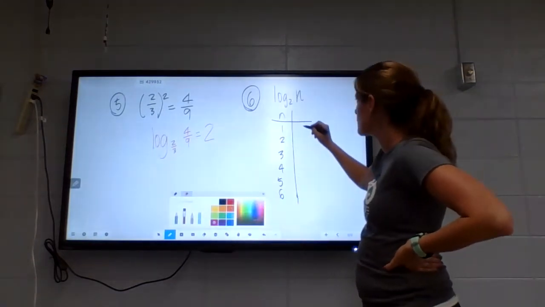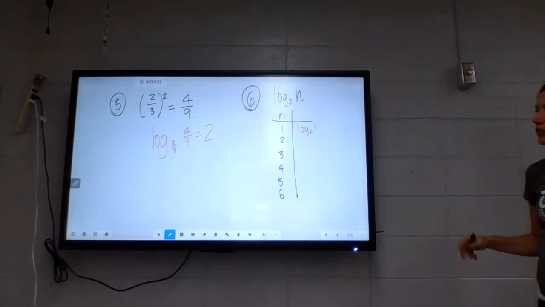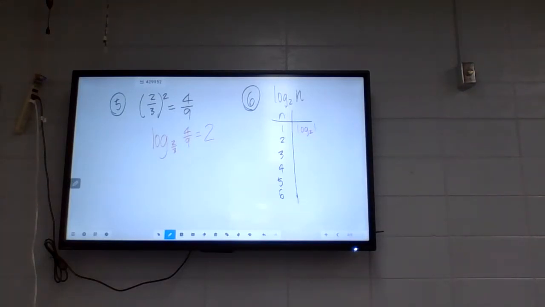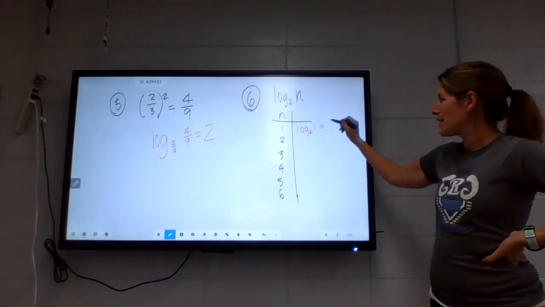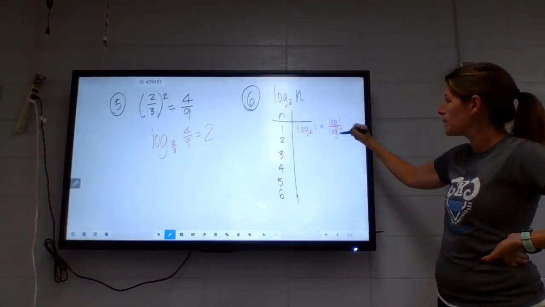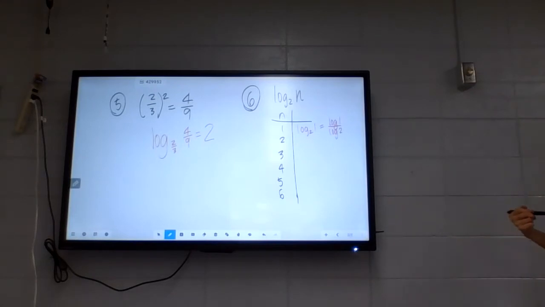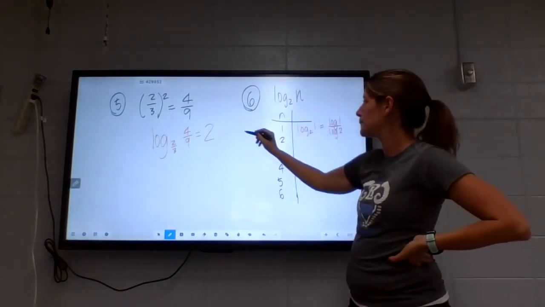So I'm doing log base 2 of 1. Now you could switch this over to exponential form, because this one is one you can probably do in your head. But if you're not sure, you're just trying to go through this quickly, the way to put that in our calculator is we do log of 1 over log of 2. Now again, that would be an easy one to do by hand.